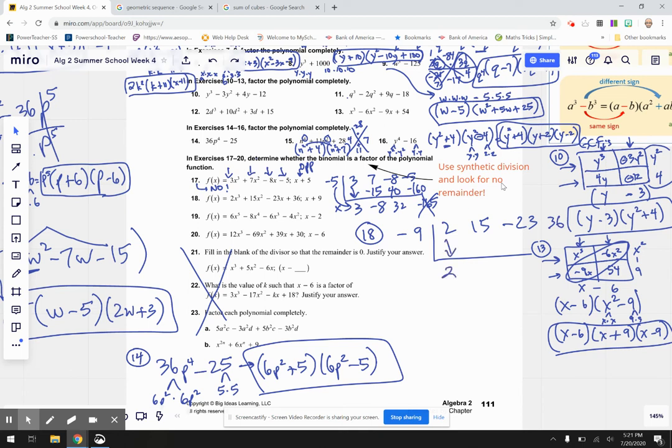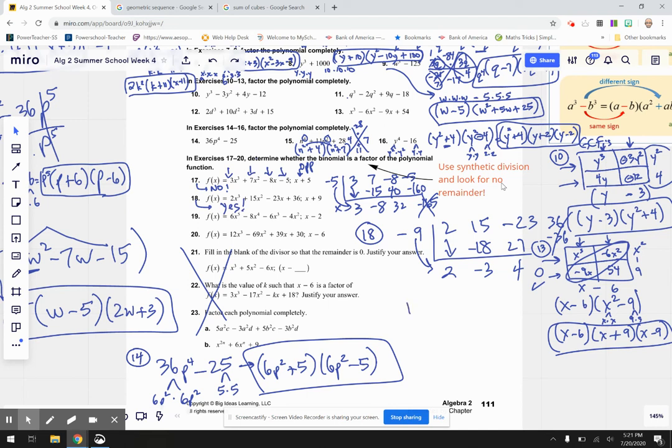Negative 9 times 2 is negative 18. That's going to give you negative 3. Negative 9 times negative 3 is positive 27. That's going to give you a positive 4. And then negative 9 times positive 4 is negative 36. That's going to cancel out and give you a 0. So that checks off. That means this is definitely a yes. It's a yes if you get 0 remainder.